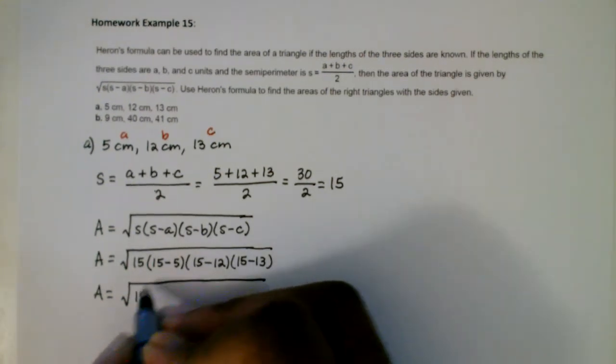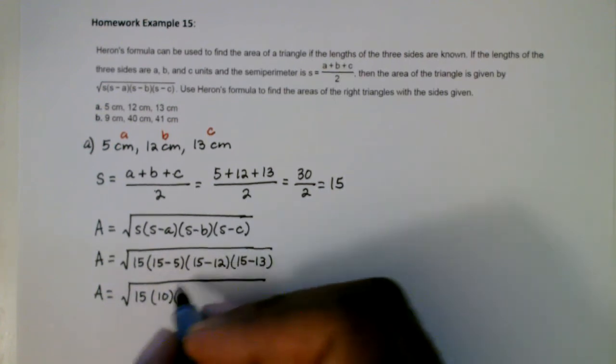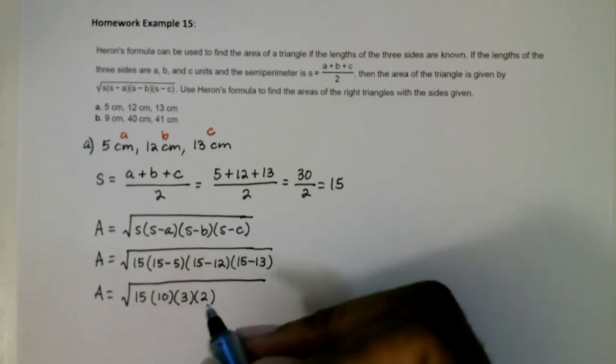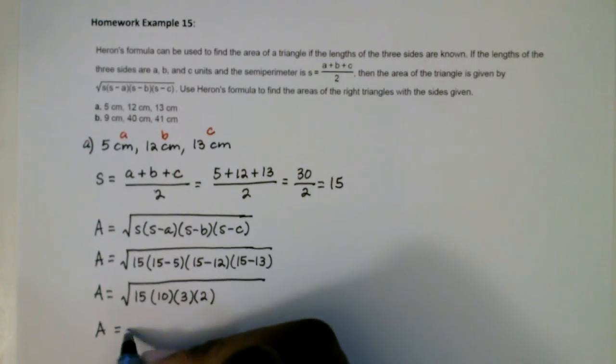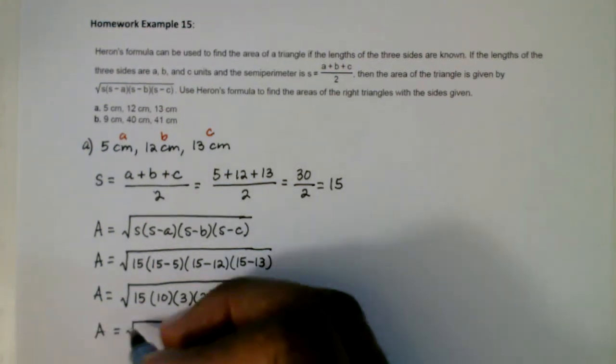Bring down the 15 and do 15 minus 5, that's 10. And then 15 minus 12, that's 3. And then 15 minus 13, that's 2. Then we're going to multiply what's underneath that radical. If I do 15 times 10 times 3 times 2, that will be 900.